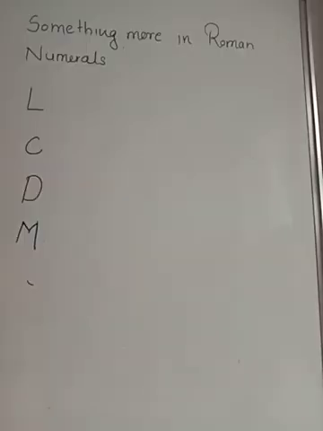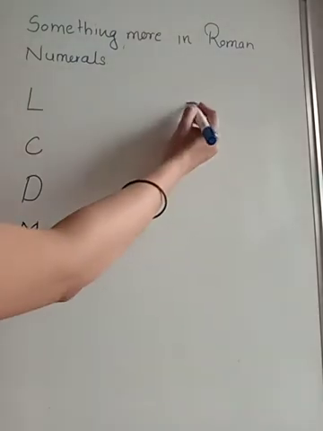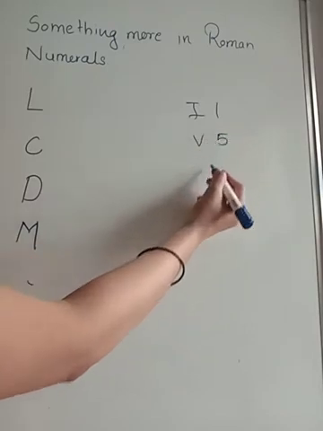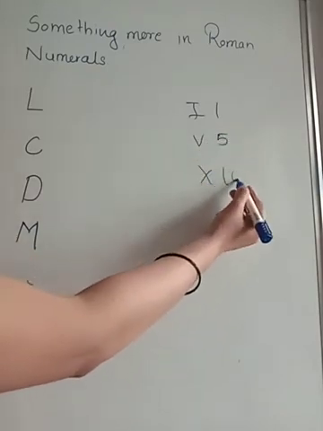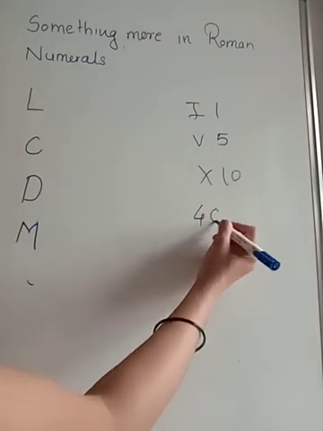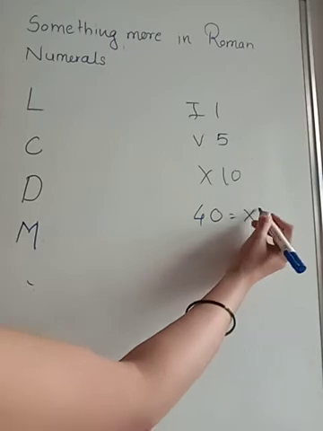Then we will see something more in Roman numerals. We already know that I means 1, V means 5, X means 10. So if we have to write 40, then we can write like this.